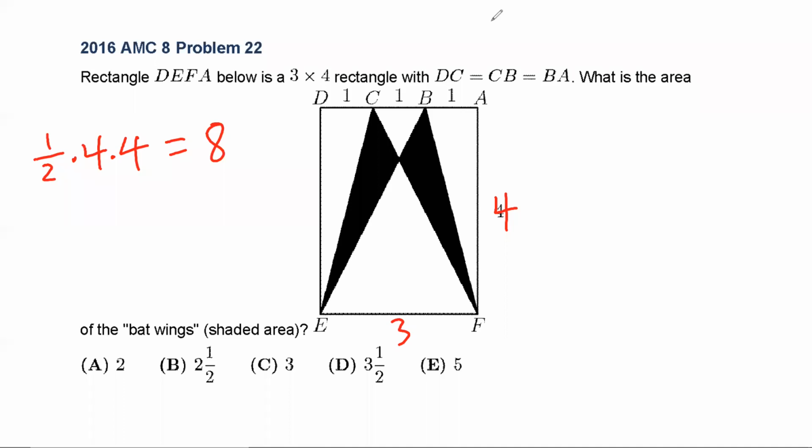Okay, so now what we want to do is subtract the white parts. If you notice here, let's call this middle point G. You'll see that triangles BCG and EFG are similar.